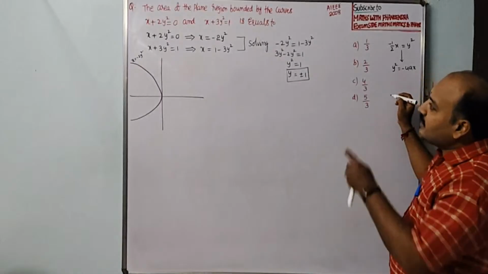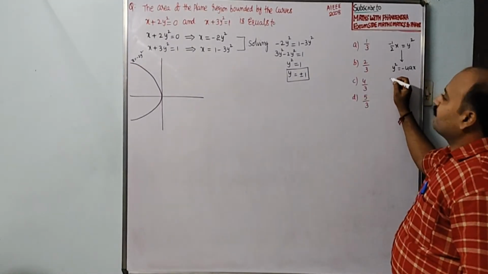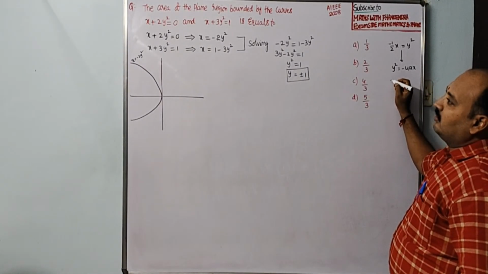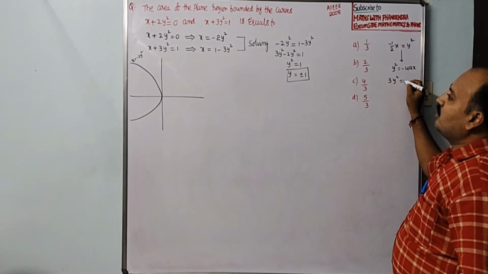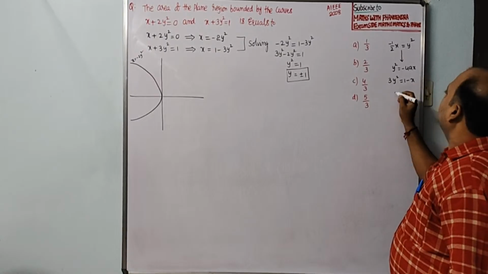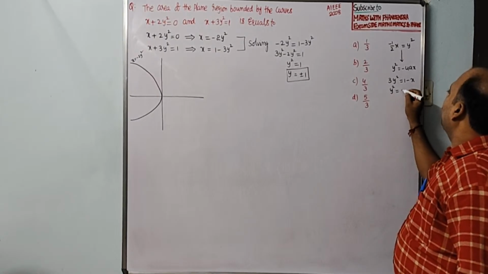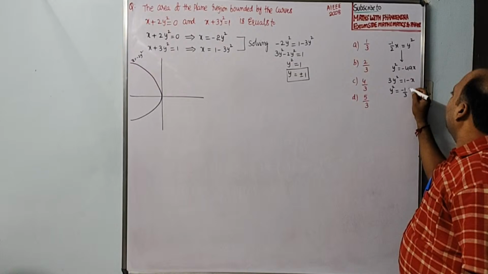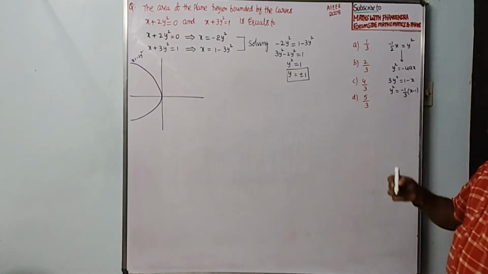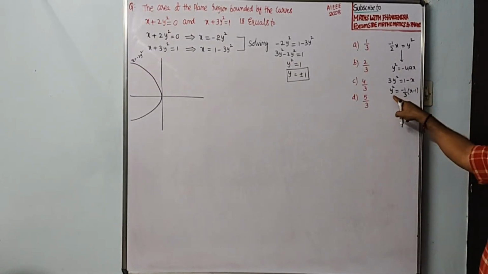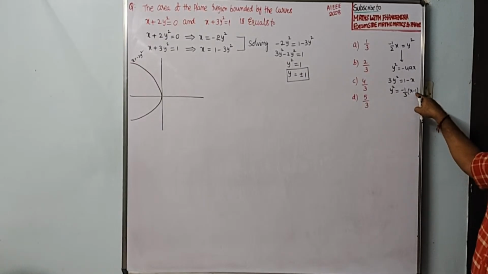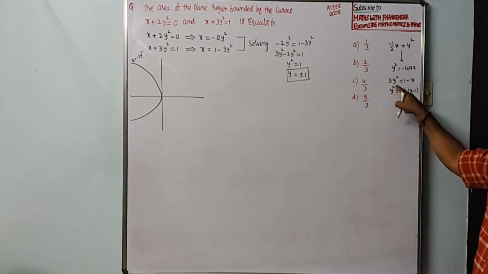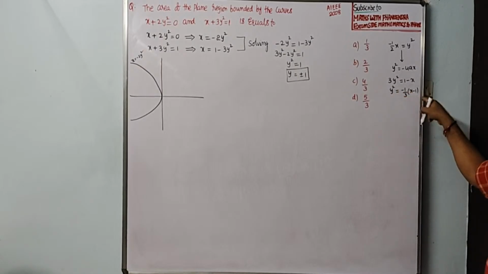Next, second curve. Three y square equal to 1 minus x. Y square equal to minus 1 by 3 into x minus 1, just according to convenience. This is also like y square equal to minus 4x, but the vertex is at 1 comma 0, dear students. Y minus 0 whole square equal to minus 4a into x minus h form.